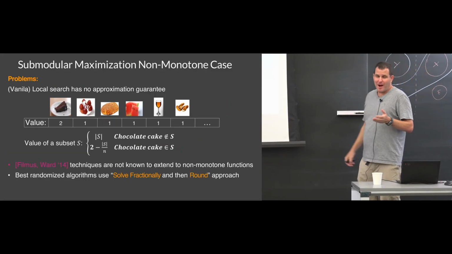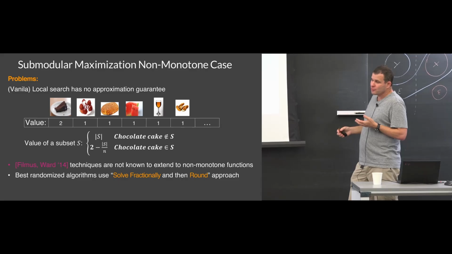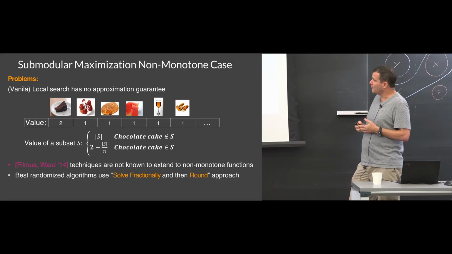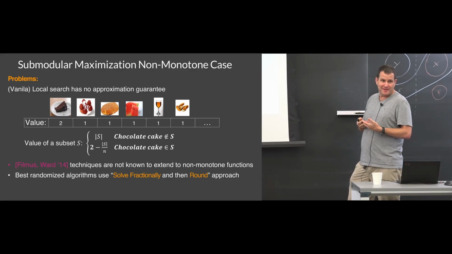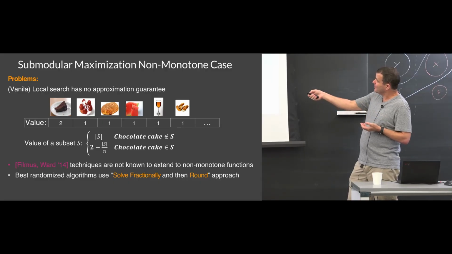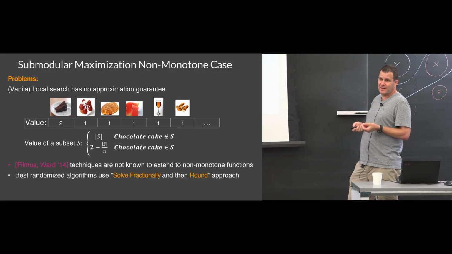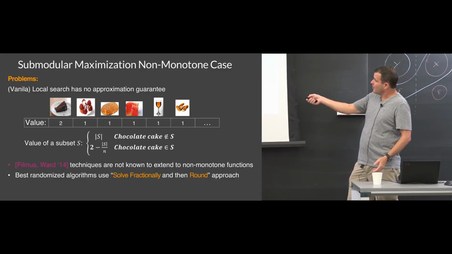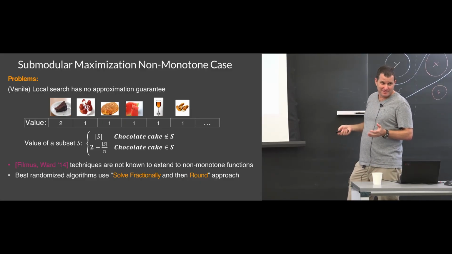Yes. So why is it so problematic? Because natural algorithms simply don't work. So I cheated when I said that dessert never hurts. It can hurt you. For example, local search just doesn't have any guarantee here. As you all know, chocolate cake is the best dessert.